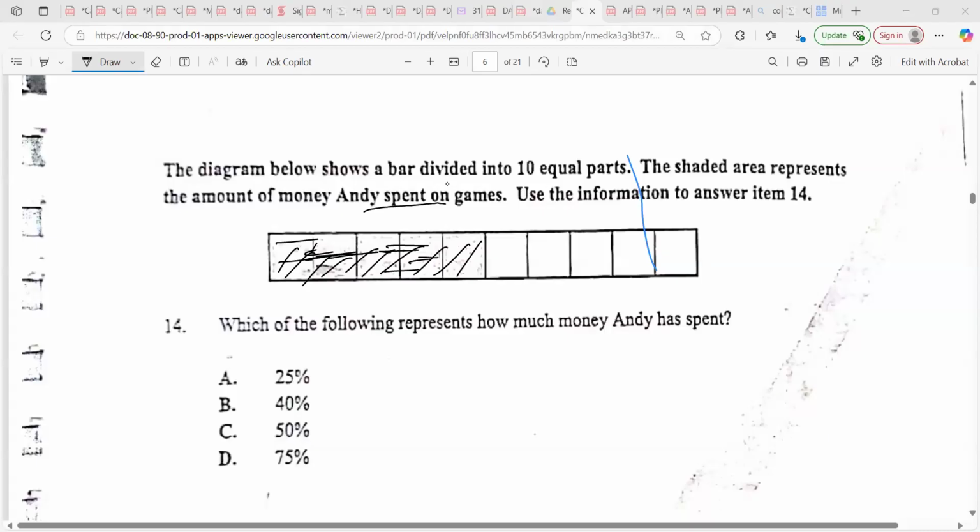Sir, I would have chosen 50% because it says the bar represents 10 equal parts, and 5 out of the 10 are shaded. So you're going to put 5 over 10 times 100 over 1.